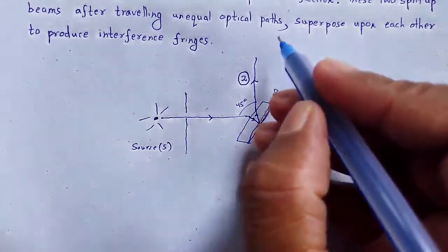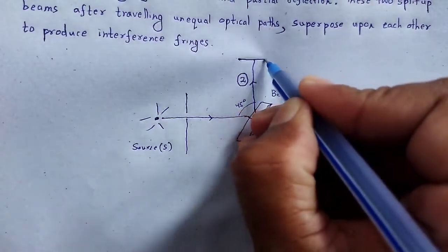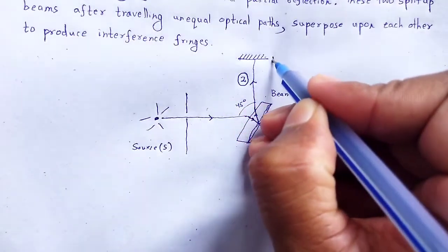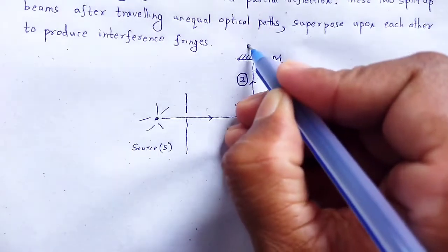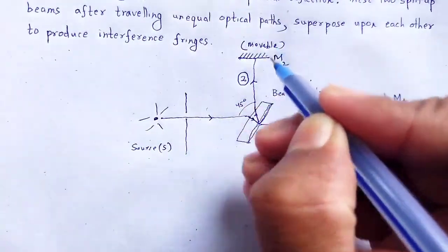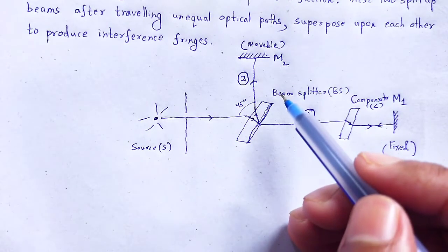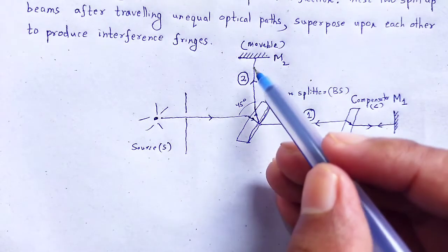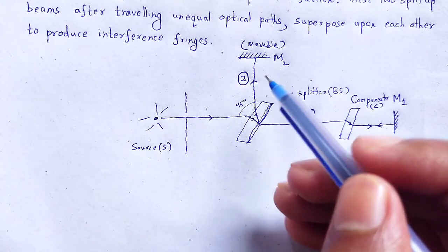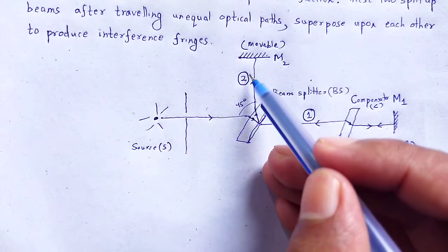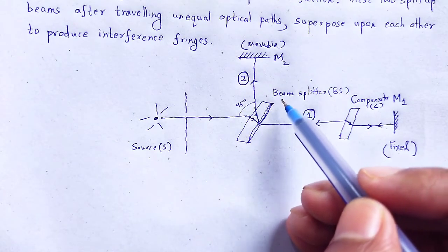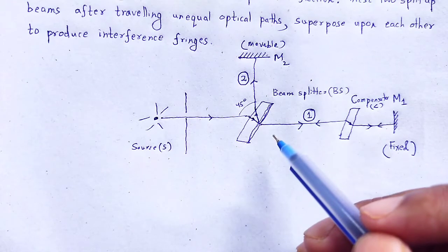And a movable mirror M2 receives light after reflection of light from the beam splitter BS.